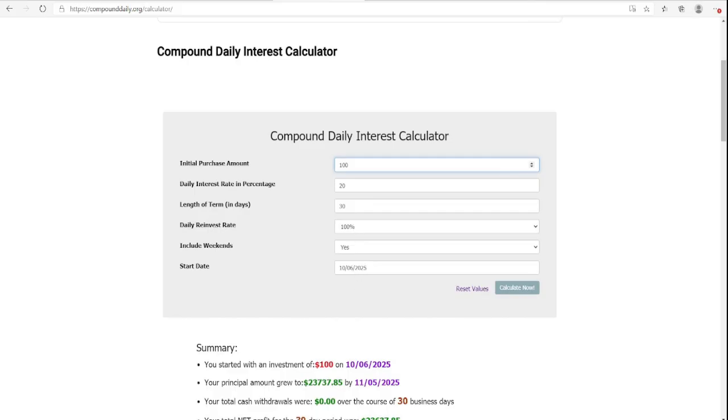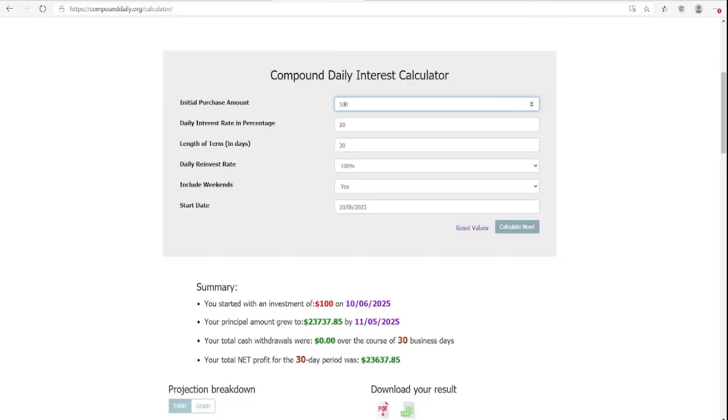Start today, 6th of October 2025. Started with a $100 investment today. By the 5th of next month, November 2025, you have $23,000, right?